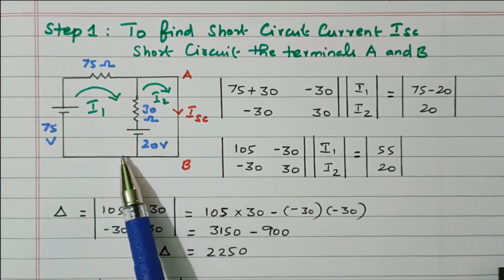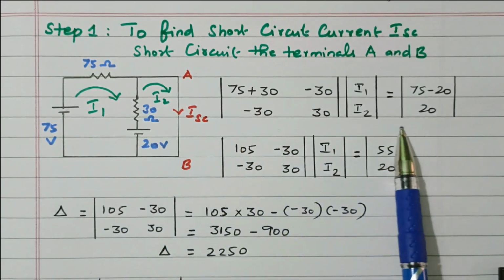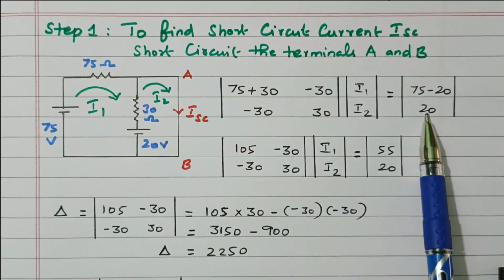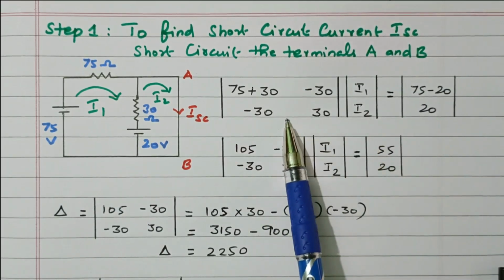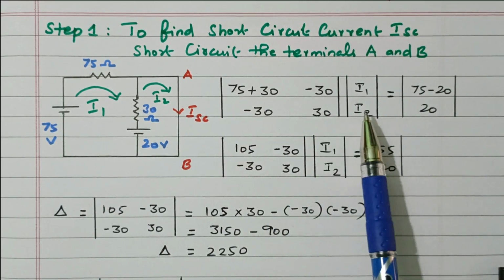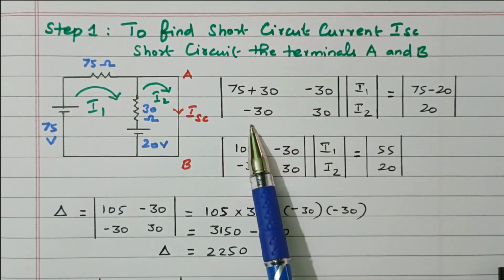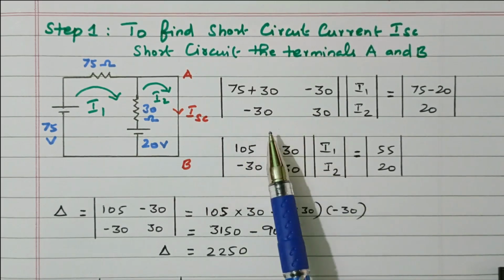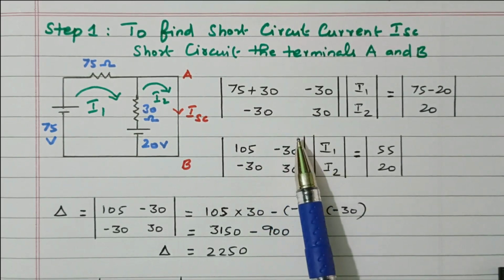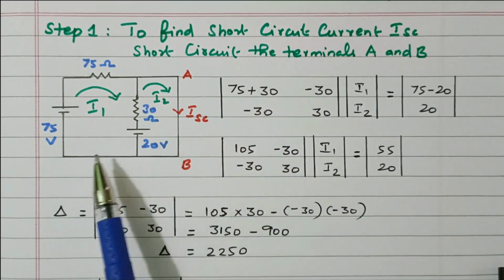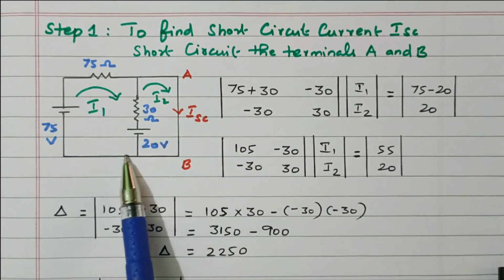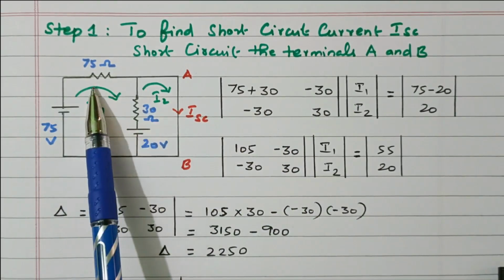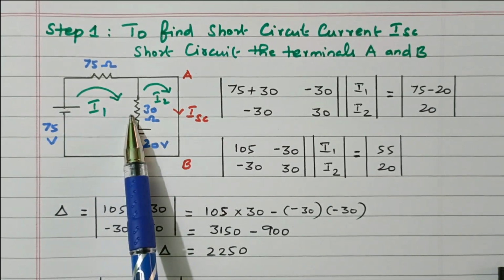By using this loop method, we can frame the matrix format. So this is the voltage matrix, current matrix, and resistance matrix. V equals I into R. This resistance matrix has R11, R12, R21, R22. R11 is the resistance available in the first loop. What are the resistances available? 75 ohm and 30 ohm.